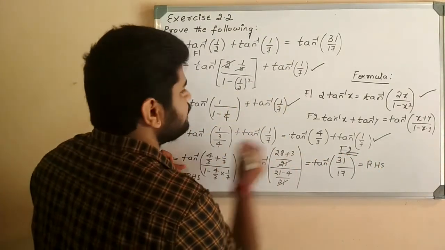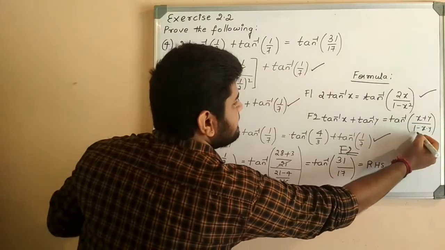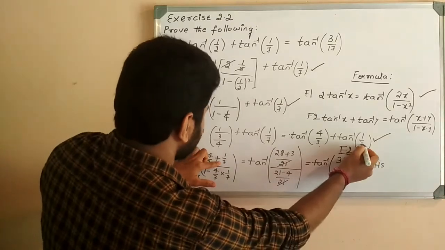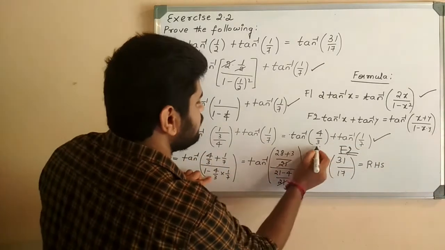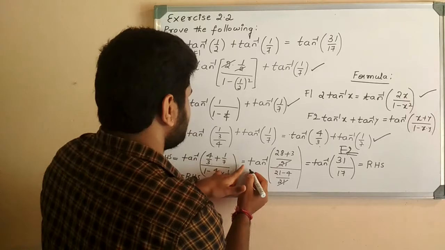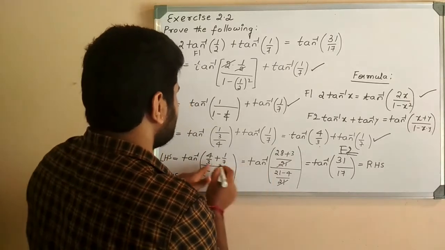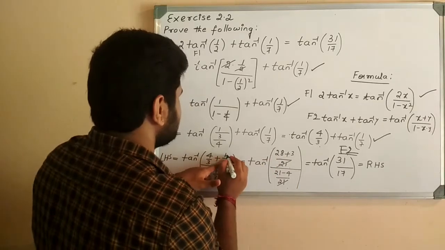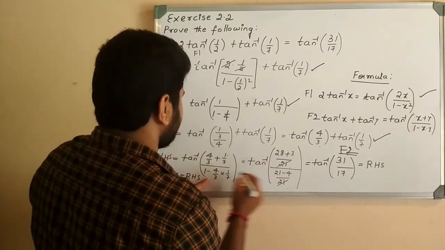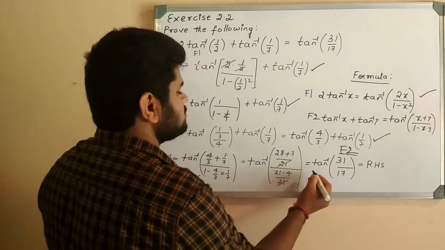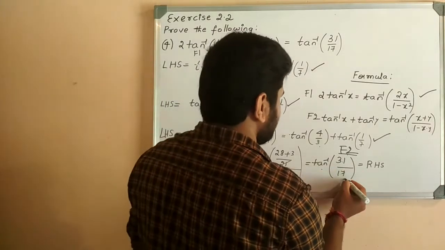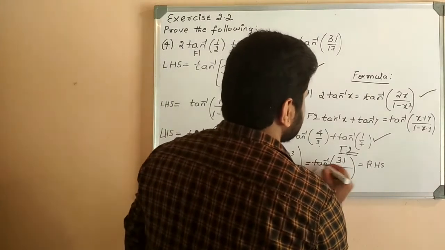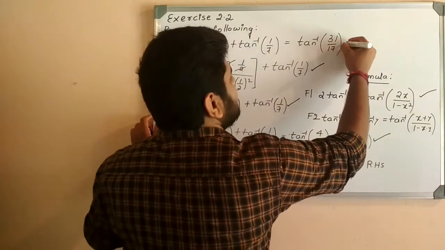So tan inverse of x plus y divided by 1 minus x into y. 4 by 3 plus 1 by 7 divided by 1 minus 4 by 3 into 1 by 7 is equal to tan inverse of 21 common, 28 plus 3 divided by 21 minus 4. So tan inverse of 31 by 17. 21 gets cancelled. Tan inverse of 31 by 17 means RHS.